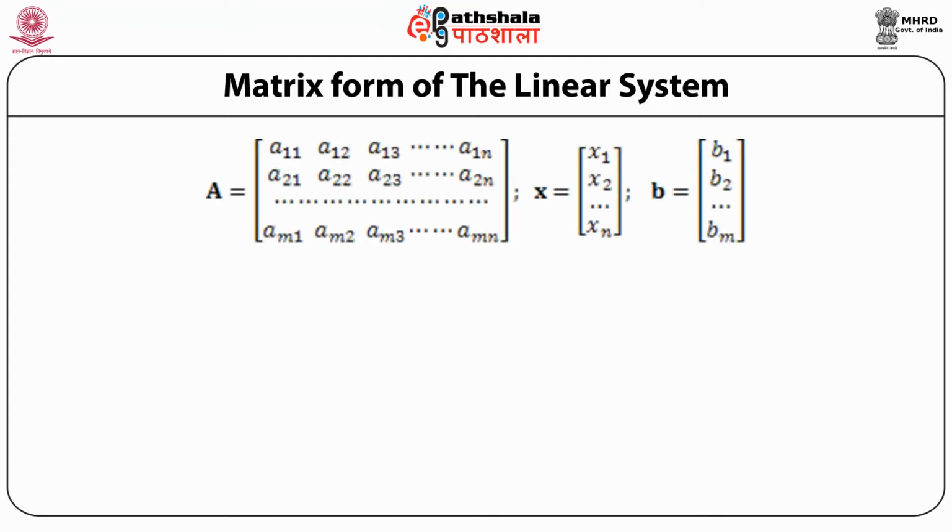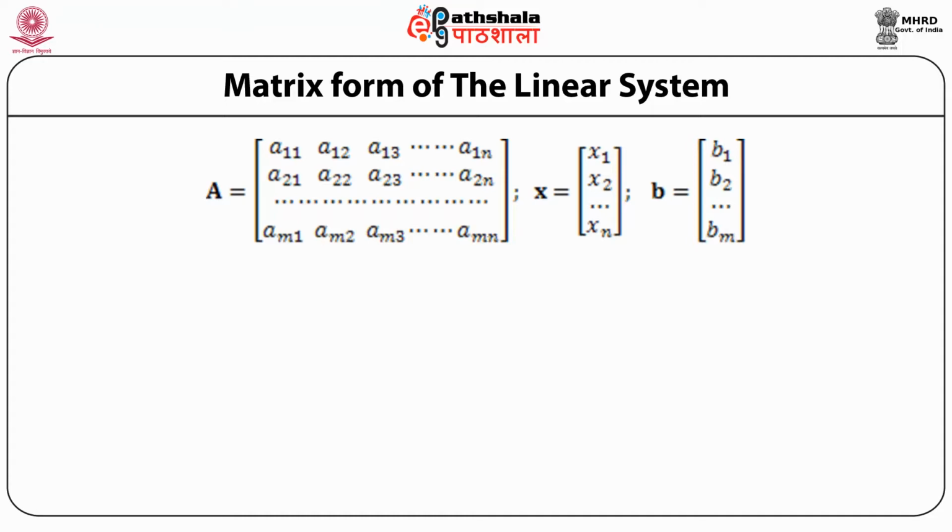So, matrix A can be written as an m cross n matrix with the first row being a11, a12, a13 and so on till a1n, the second row being a21, a22, a23 and so on till a2n, and in a similar way the last row being am1, am2, am3 and so on till amn.